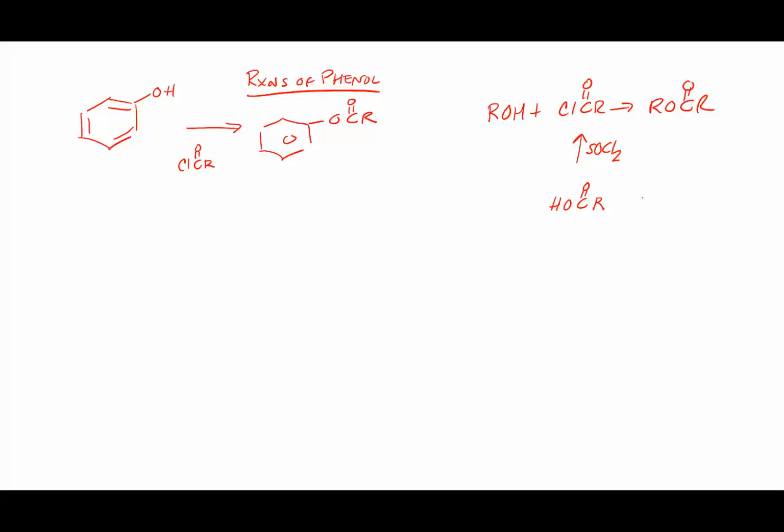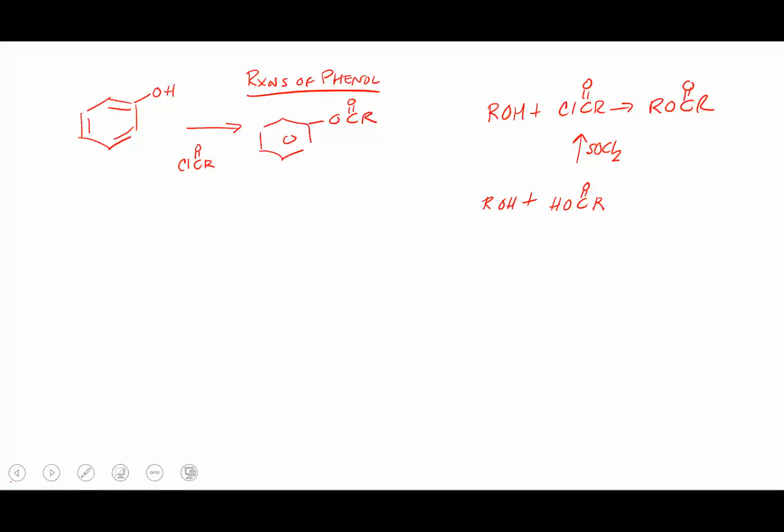So the carboxylic acid chloride comes from reacting the carboxylic acid with SOCl2 to make the acid chloride. We talked about that when we talked about Friedel-Crafts acylation. But I can react the alcohol directly with the carboxylic acid to make the ester as well.